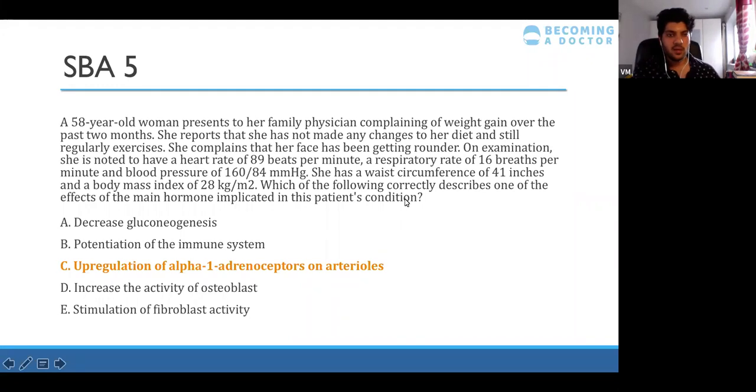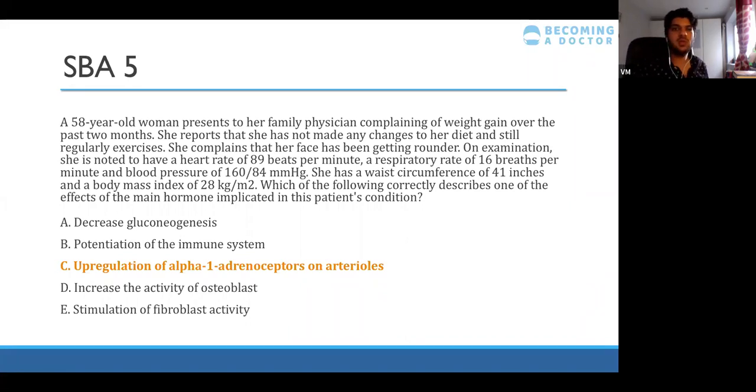The main thing that we're looking at here is that she has a really high blood pressure, 160/84. And the only one that really relates to blood pressure is the upregulation of the alpha-1 adrenoreceptors. That's one of the main reasons why Cushing's syndrome causes hypertension. It is one of the secondary causes of hypertension.